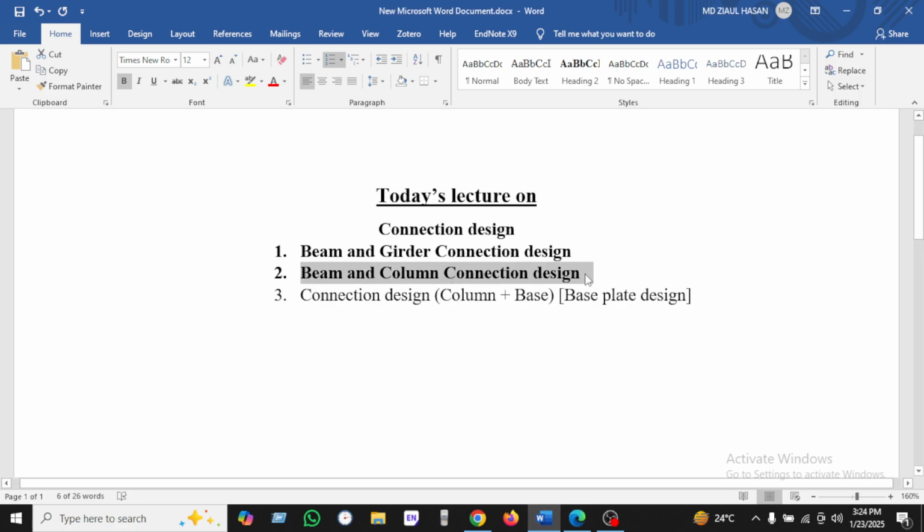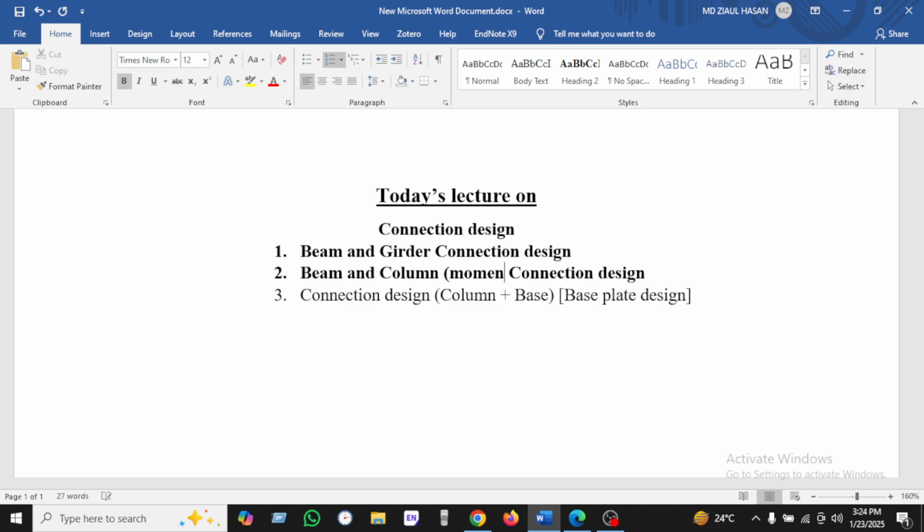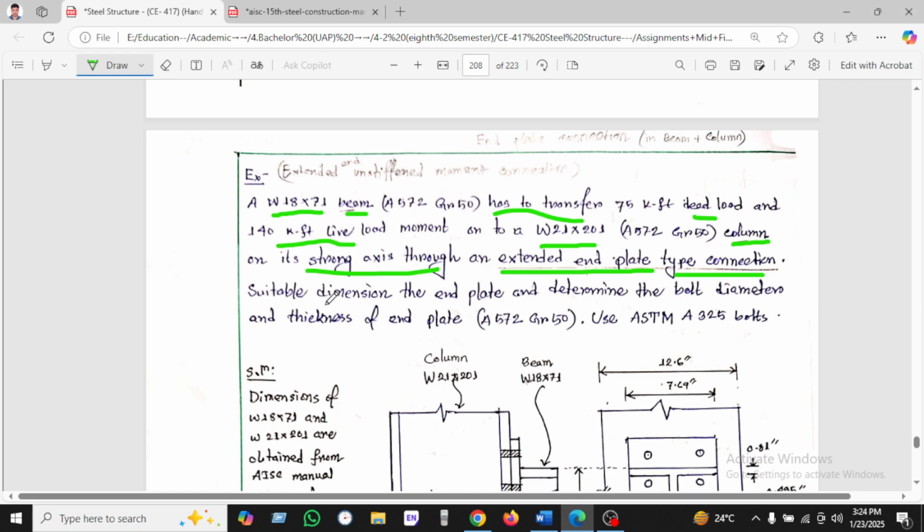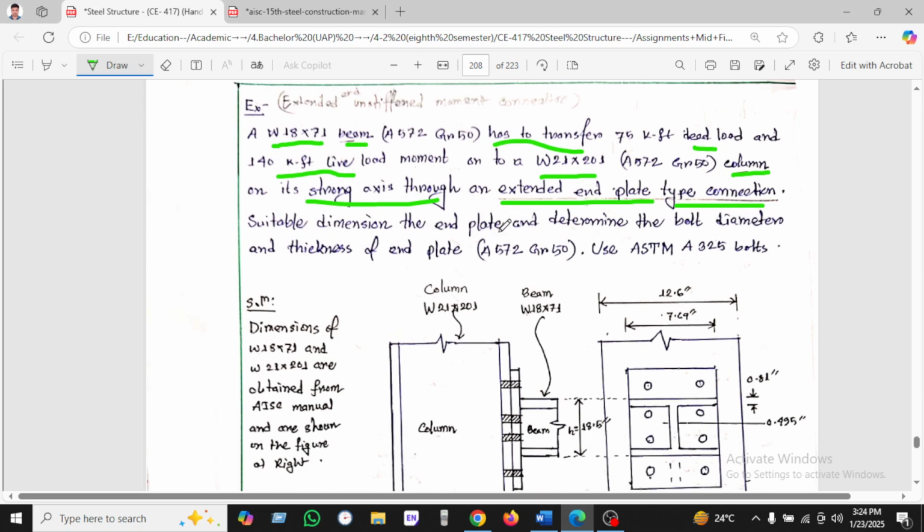Determine a suitable end plate, the bolt diameter and the thickness of the plate. Use ASTM A325 bolts.